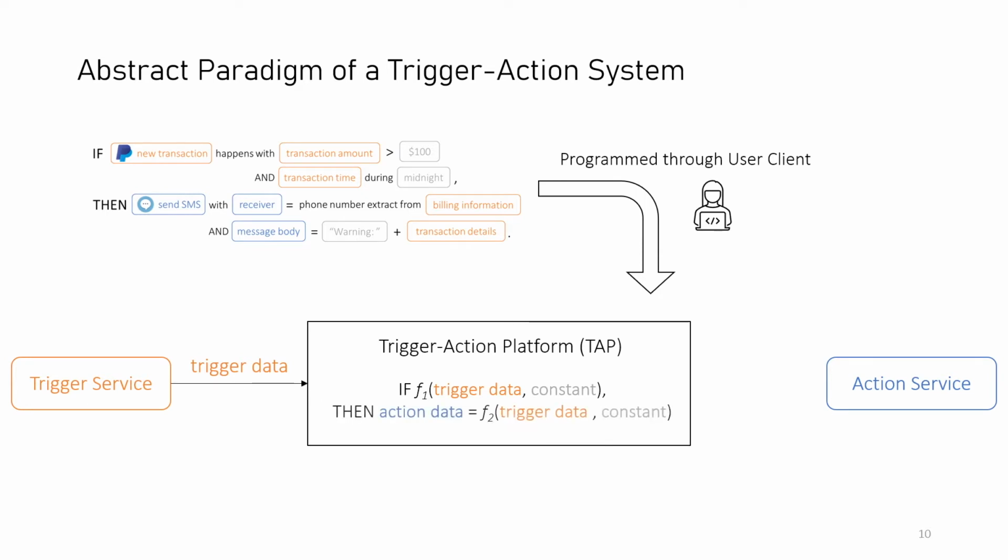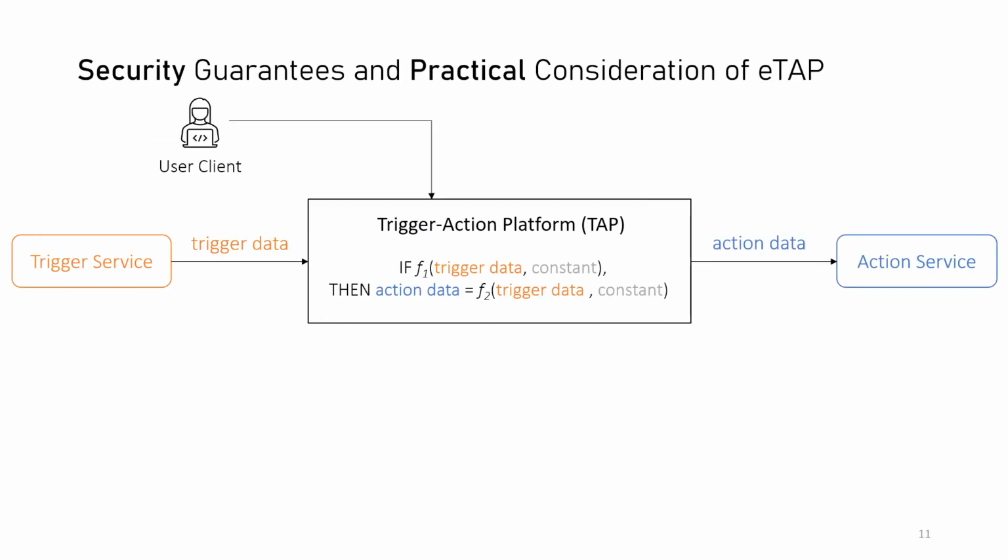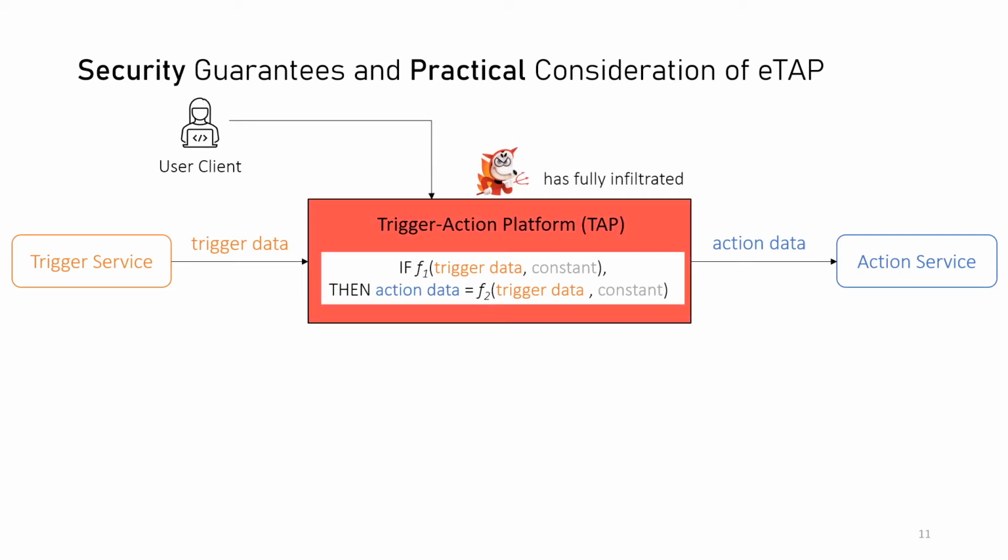If the predicate evaluates to true, TAP will continue to generate the action data and forward it to the action service. Our work is under the worst-case assumption that the attacker has fully compromised the TAP. That is, in our threat model, TAP is a malicious party that can do whatever it wants within its capacity.